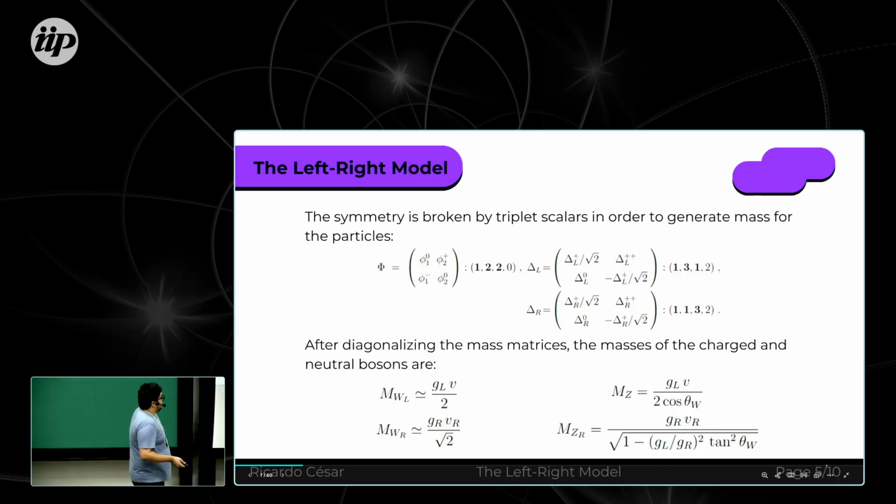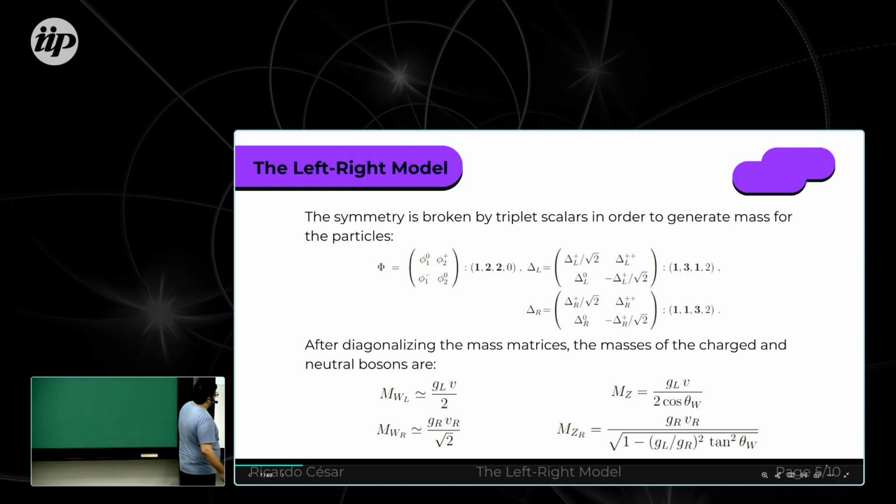And after diagonalizing the mass matrix, we have the masses for the charged and neutral gauge bosons. So we have here the mass of the W, which I call WL, which depends on gL and v. This v is the vev of the standard model, so 246 GeV, and gL, as I said, is the same as the g of the standard model.